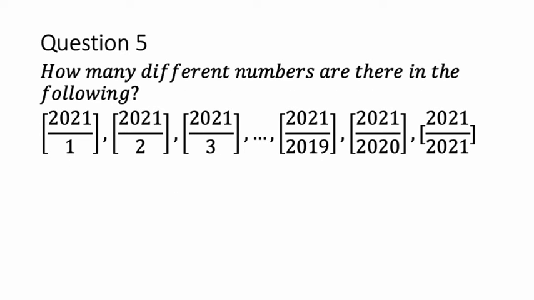It asks how many different numbers there are in the following. So it seems like this is a totally different question that we haven't talked about. But we'll gain one intuition. We've already talked about the consecutive case.